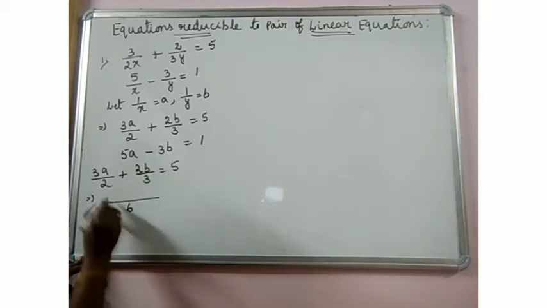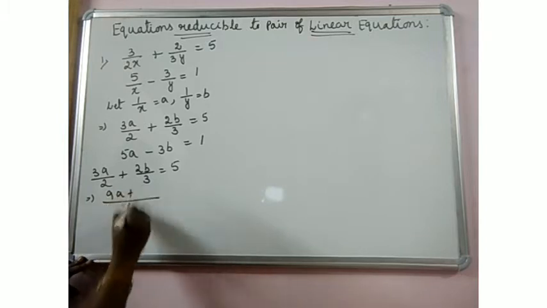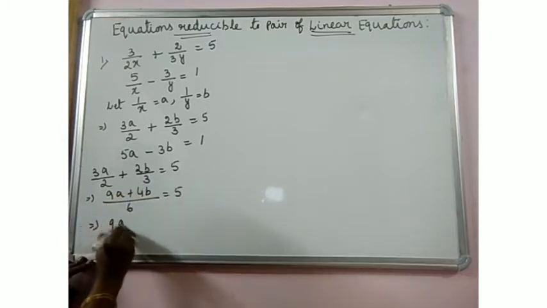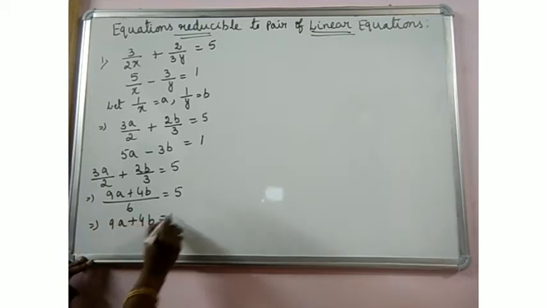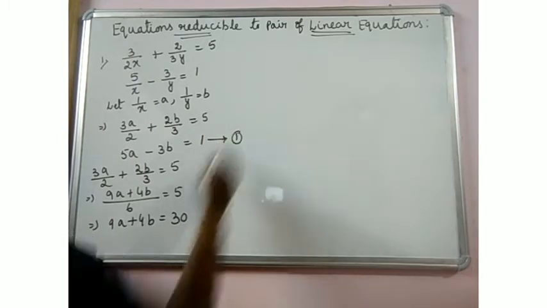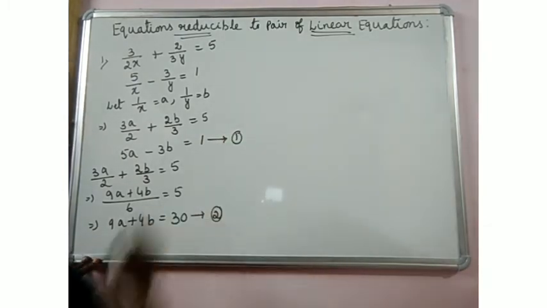LCM is 6. 3 3s are 9a, 2 2s are 4b equals to 5. That means 9a plus 4b equals to 30. So let us take this as the first equation, this as the second equation.